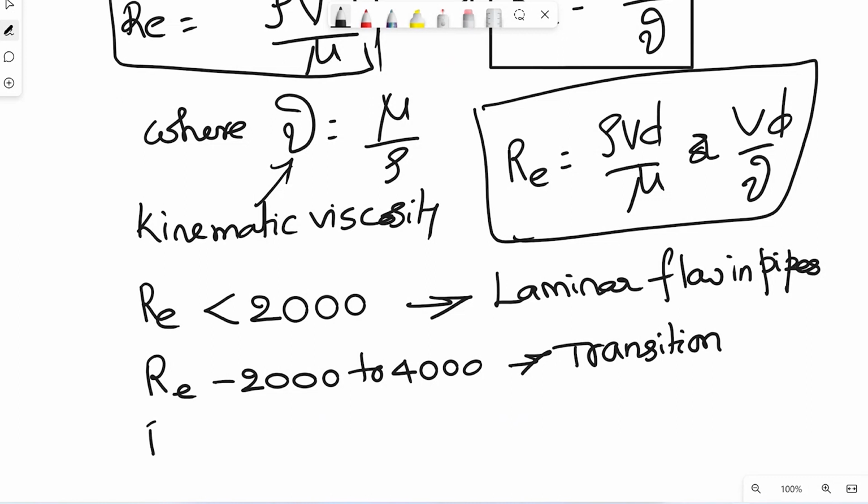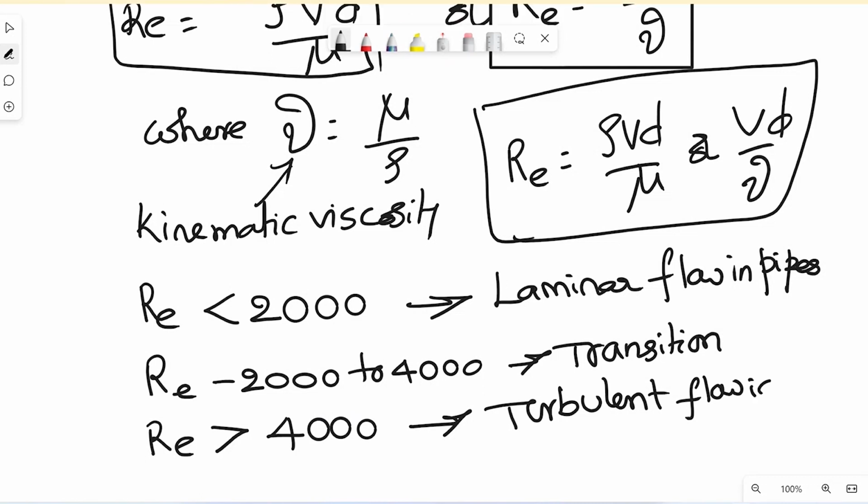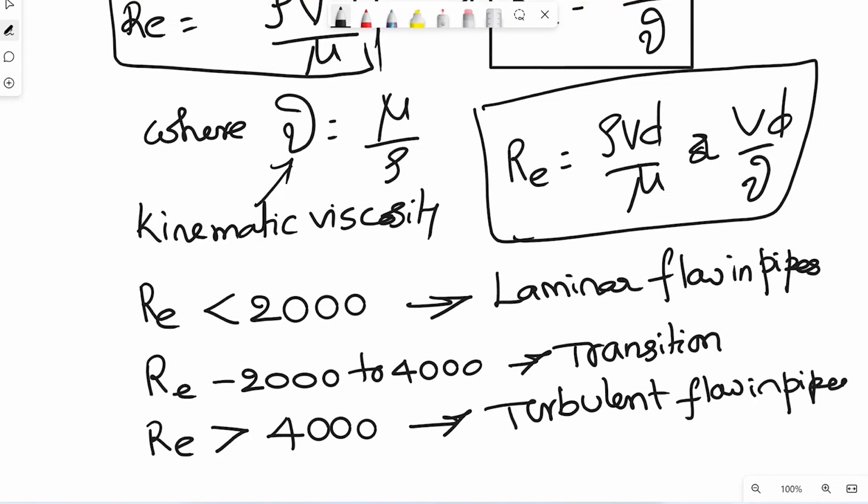If the Reynolds number is greater than 4000, we call this turbulent flow in pipes. So to classify whether the flow is laminar or turbulent, we use this equation and find out the type of flow.